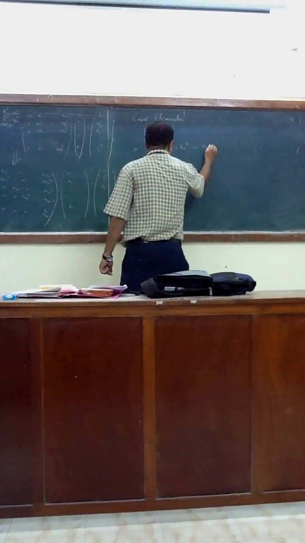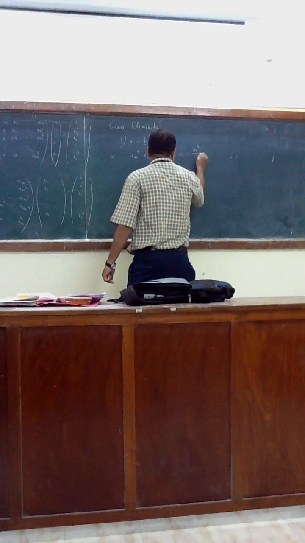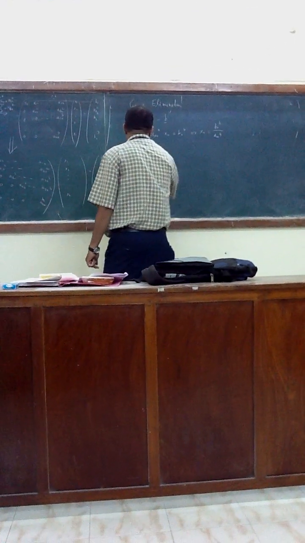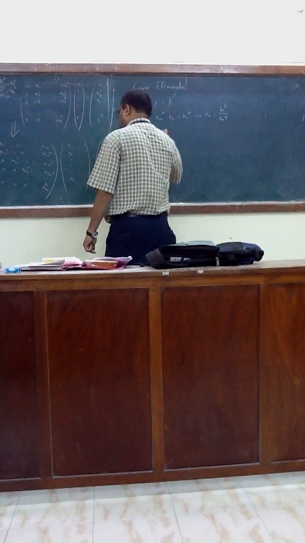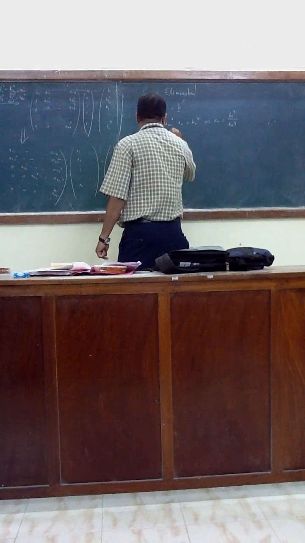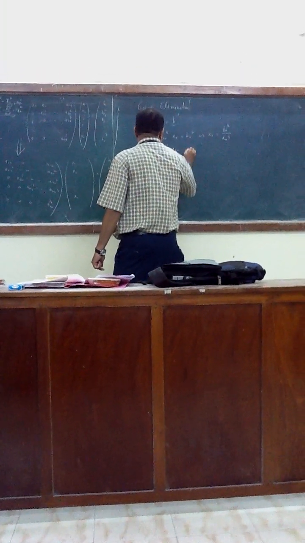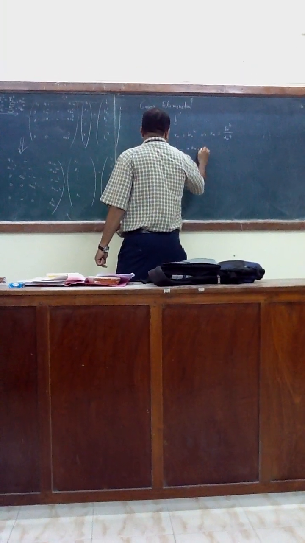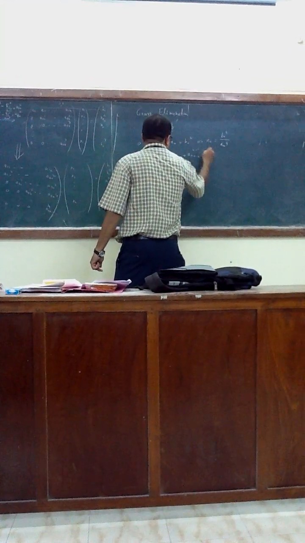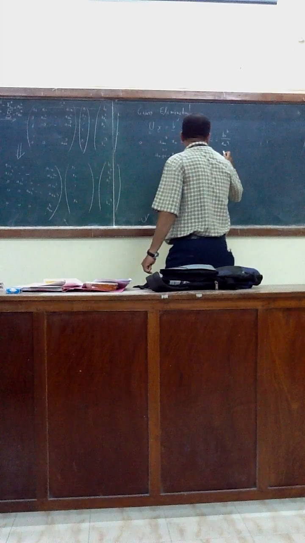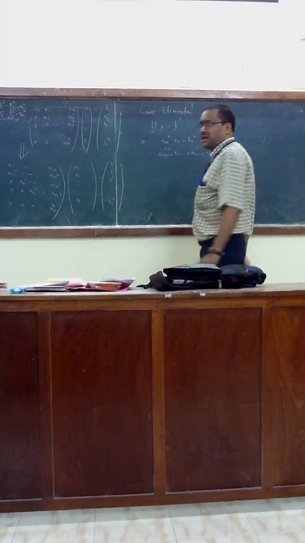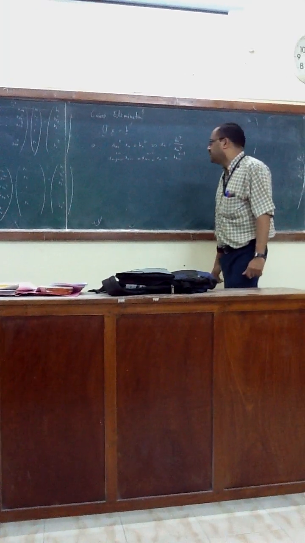So xn is bnn by Annn. Previous equation is A(n-1)(n-1)(n-1) x(n-1) plus A(n-1)n xn equals to b(n-1)(n-1). Am I correct? Previous equation.